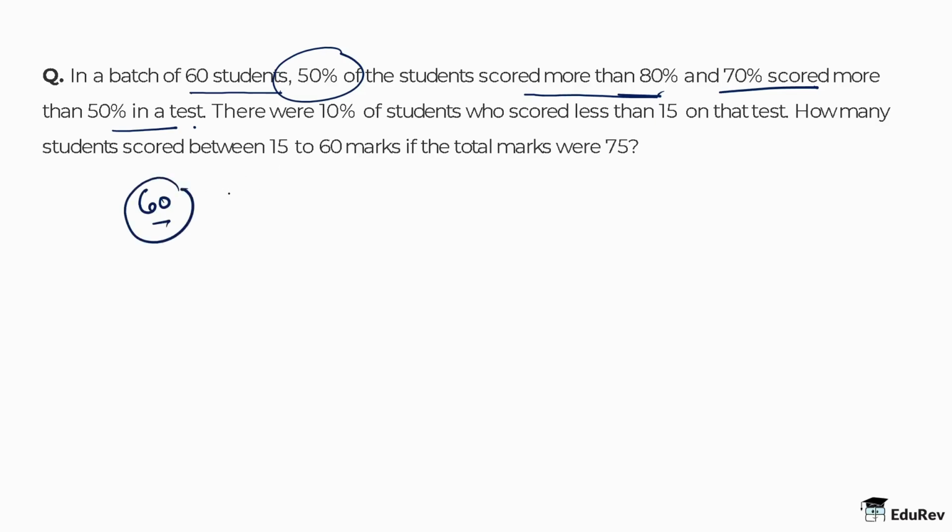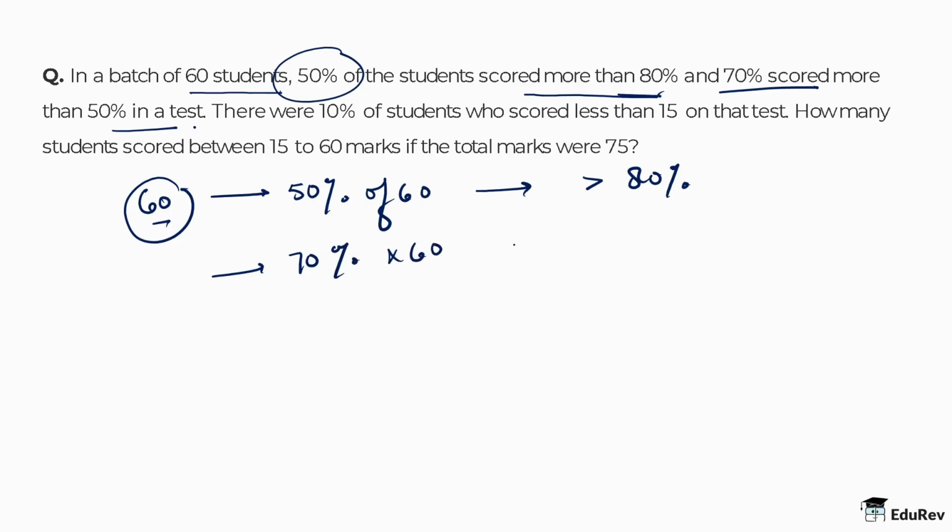Out of these 60 students, 50% of 60 scored more than 80%, whereas 70% of 60 scored more than 50% in a test, correct? I hope you have understood these statements.